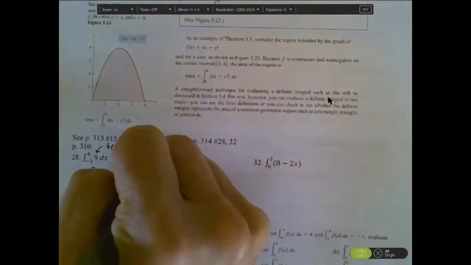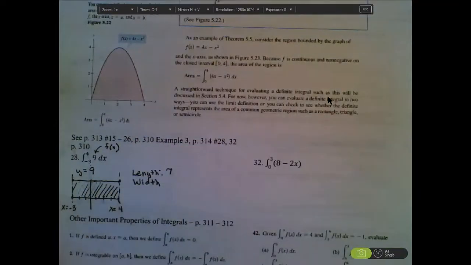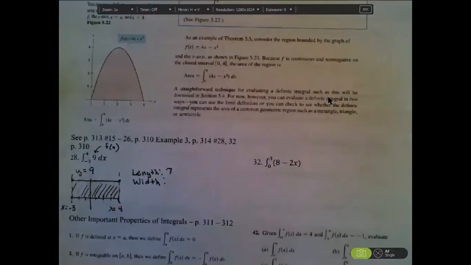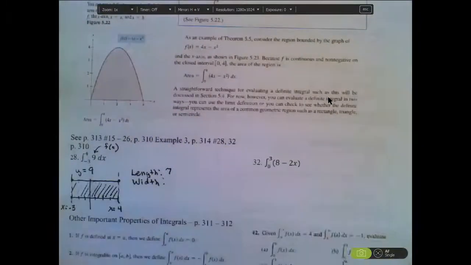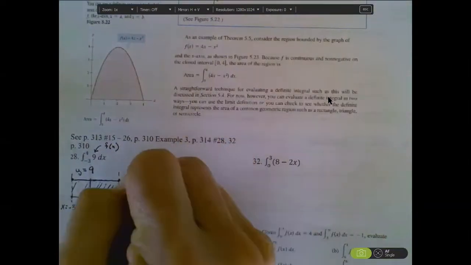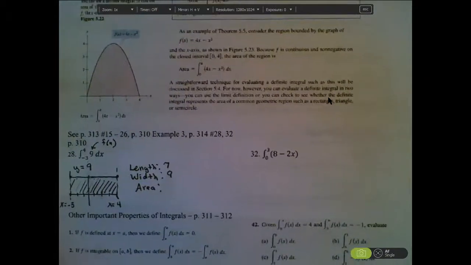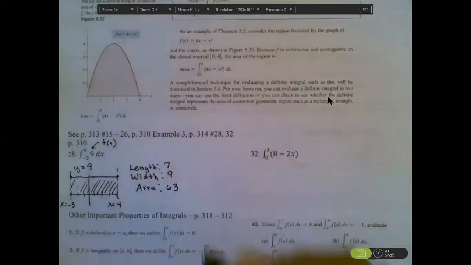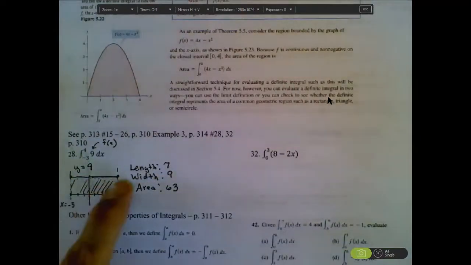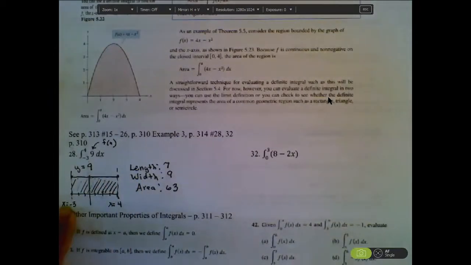And what's the width of that rectangle? Or actually, here I'd probably call it height instead of width, but it doesn't matter. What's the height or the width of that rectangle? 9. So what's the area of that rectangle? 63.